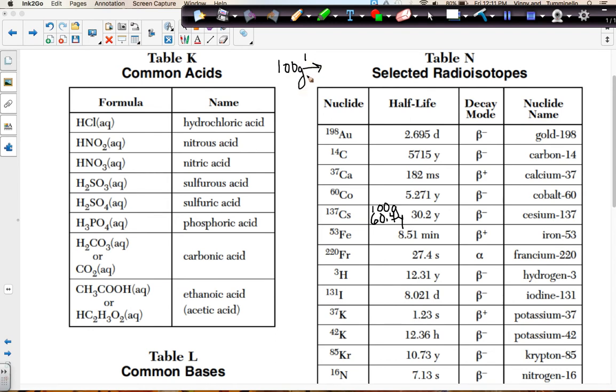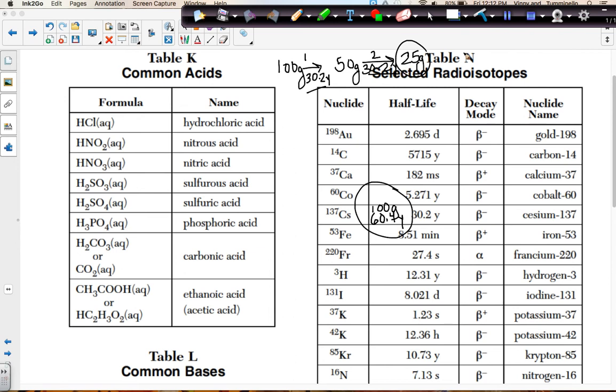After one half-life period, which is 30.2 years, the amount remaining divides in half to 50. After two half-life periods, which is another 30.2 years, we now have 25 grams remaining. So 30.2 years plus 30.2 years is the total 60.4 years. That means that after that time, we have 25 grams remaining of cesium-137.